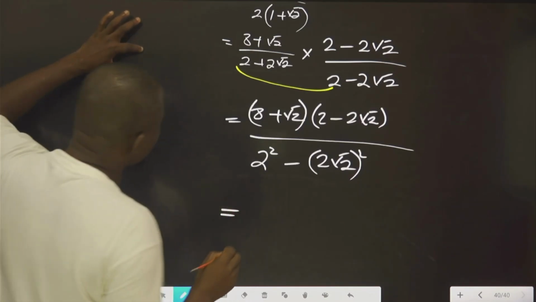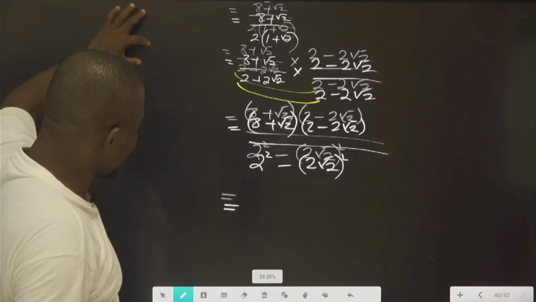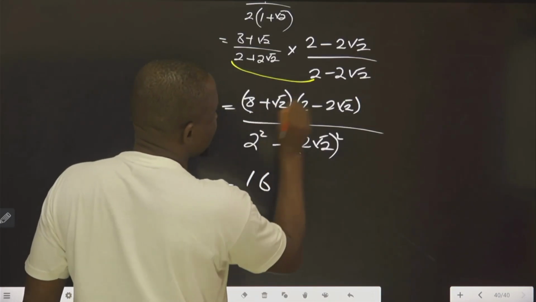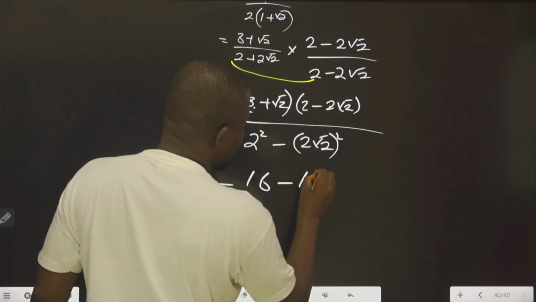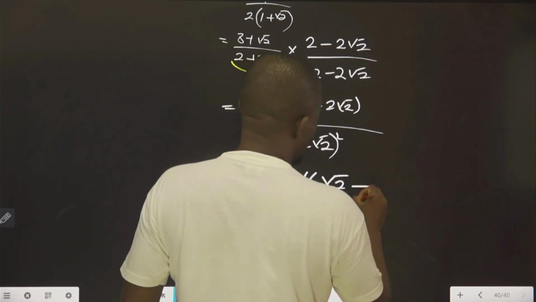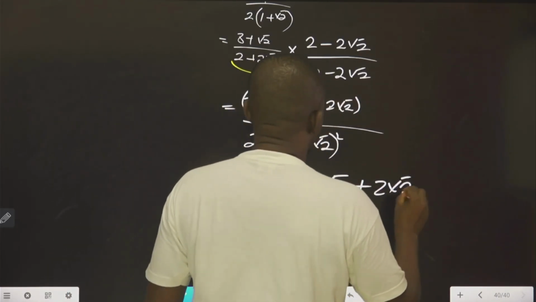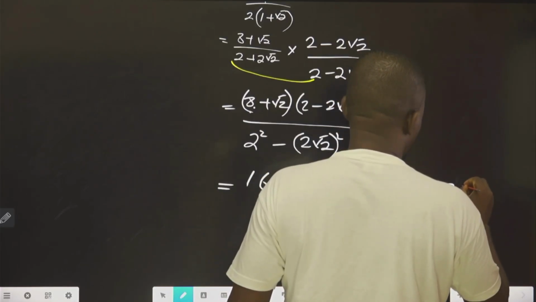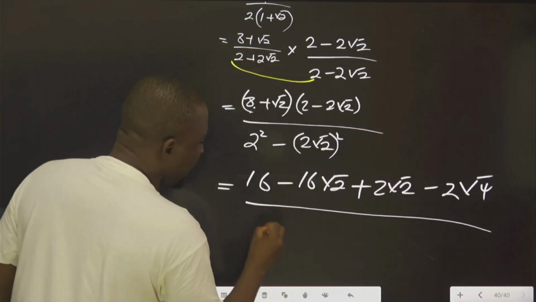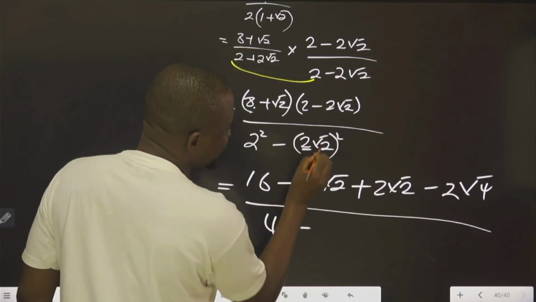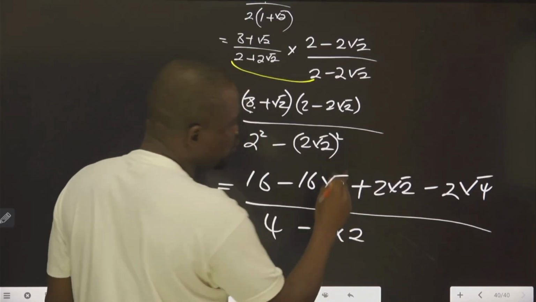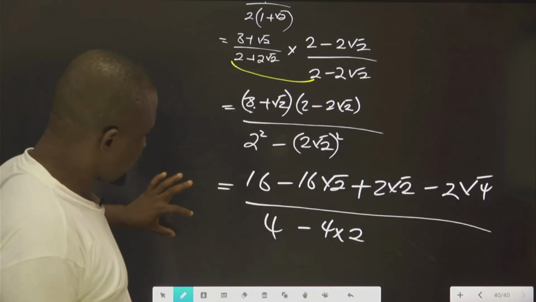This is 16 minus 16 square root of 2. This is plus 2 square root of 2 minus 2 square root of 4, which is actually 2 anyway. This is 4 minus everything, and this is 4. The square root of 2 is 4 multiplied by 2, because square root of 2 squared is 2.